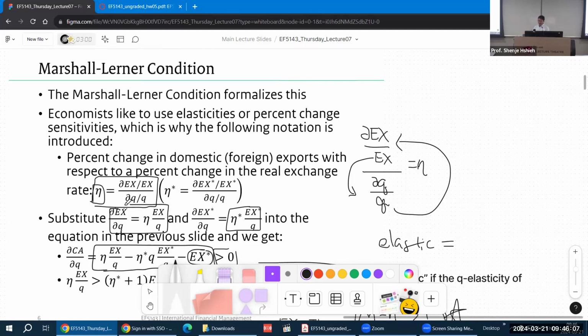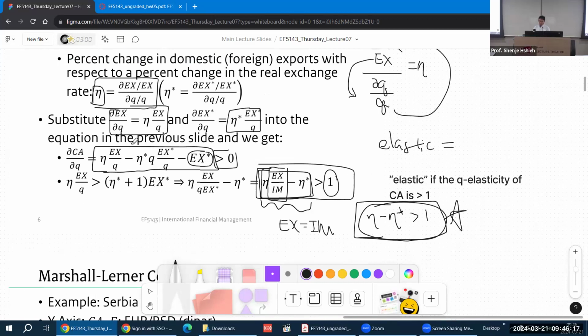The elasticity of exports. So eta is for domestic exports and eta star is for foreign exports. Replacing these export and import sensitivities with elasticities, we can come up with an expression that looks like this.